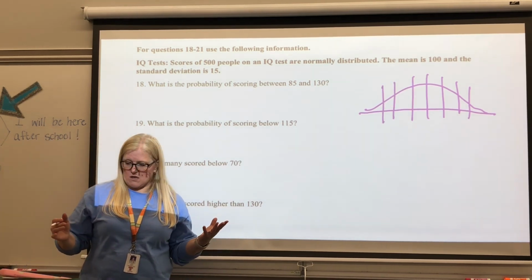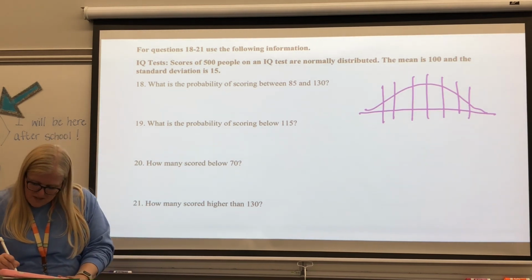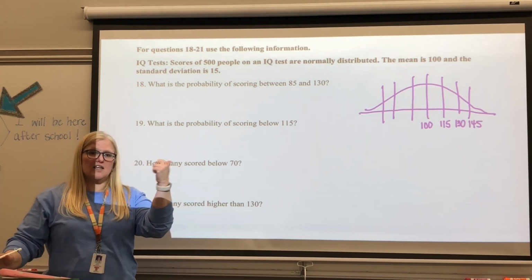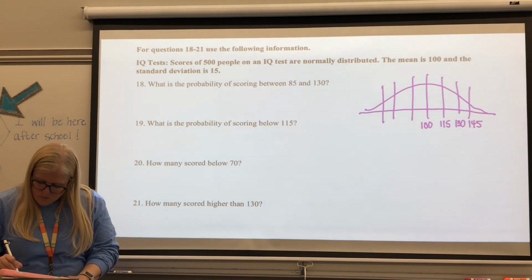normal distribution here, okay? So our mean is 100. We add 15 to put in the first standard deviation. Here's our second standard deviation, our third. Then going in the negative direction, we take away 15, take away another 15, take away another 15.